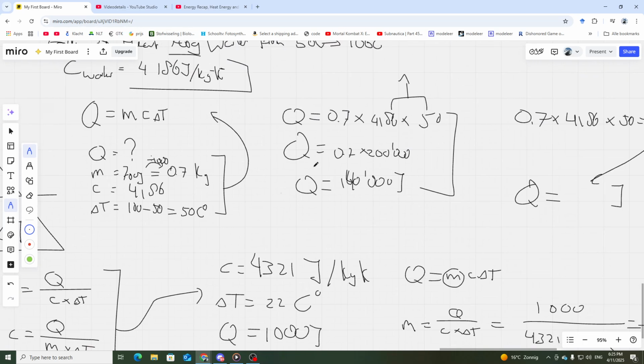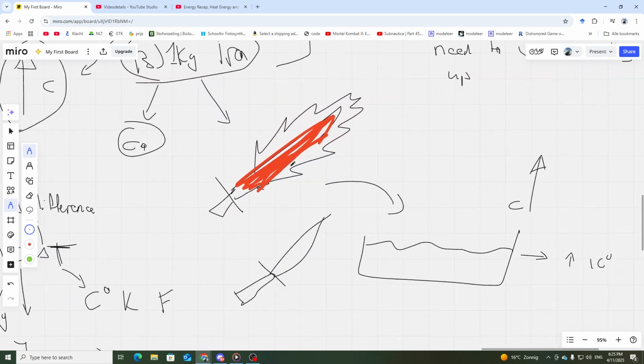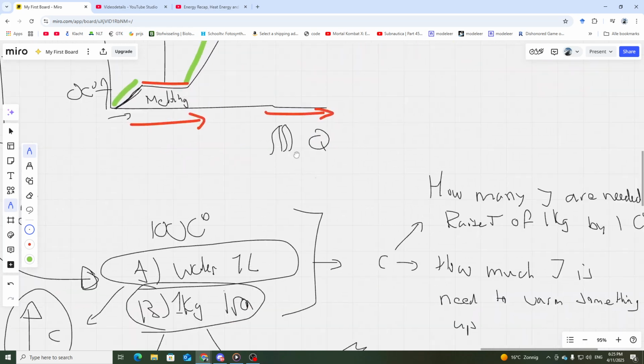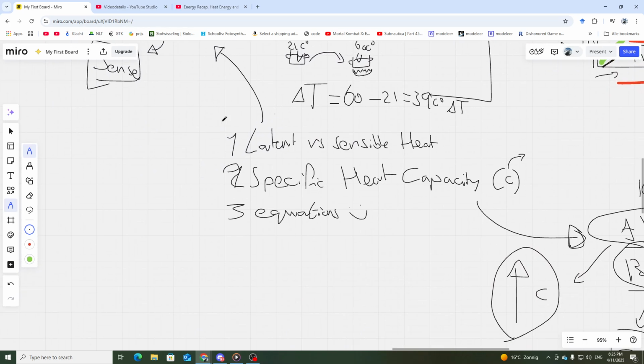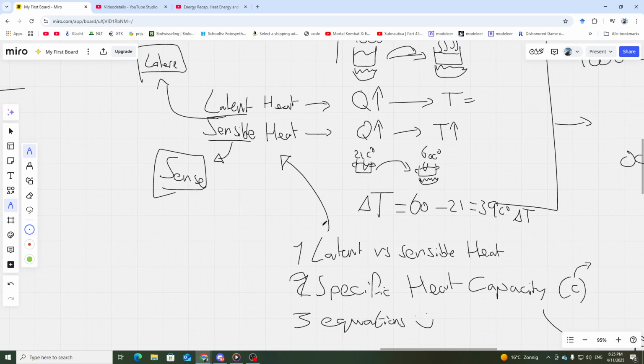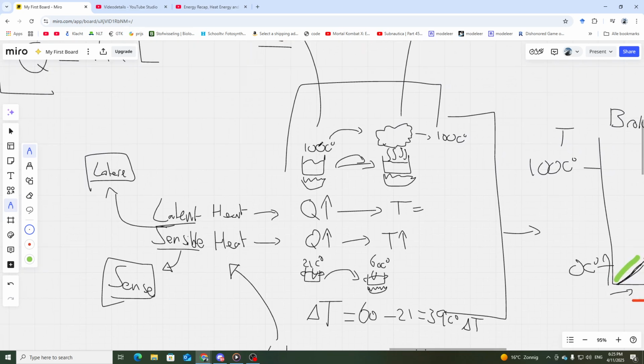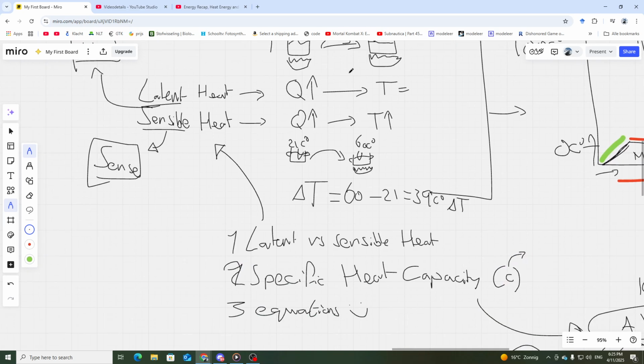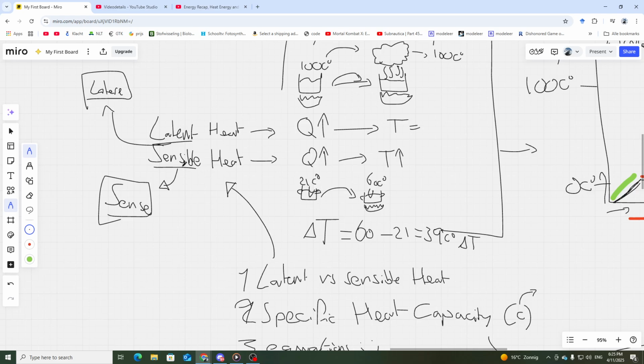These are some calculation examples. I hope that helped. So now you know latent versus sensible heat. With latent heat, we cannot feel the difference. This is when there's a phase change, when we go from boiling at 100 degrees to steam at 100 degrees. We can't feel that difference, whilst sensible heat we can feel.